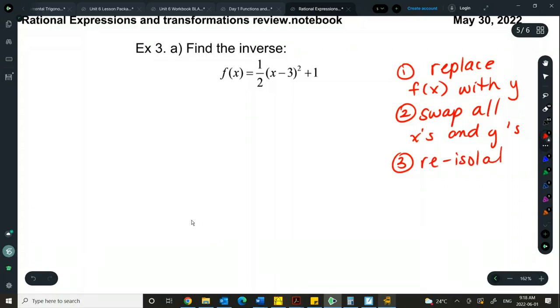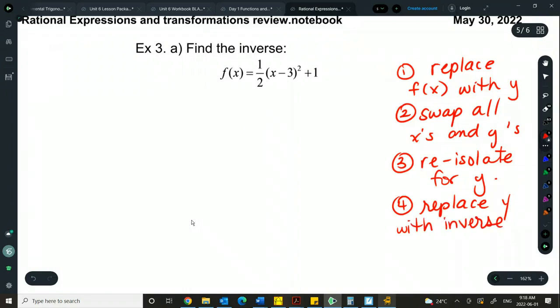Re-isolate for y. And then the last step is replace y with inverse notation. If the function is f at x, you'll replace it with f inverse of x. If it's g at x, it will be g inverse of x.